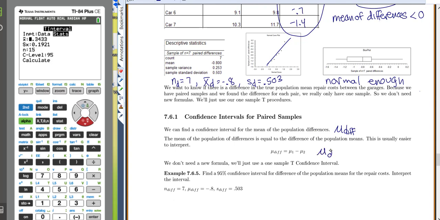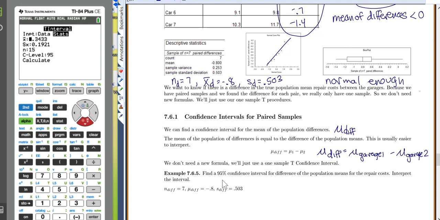So the mean of every single difference would be equal to the mean of garage 1 minus the mean of garage 2. This is usually easier to interpret if we write it this way, so we'll probably interpret it that way, but really it's just looking at the mean of every single difference. We don't need a new formula. We just find our one sample t confidence interval that we did before, going back to our TI-84.